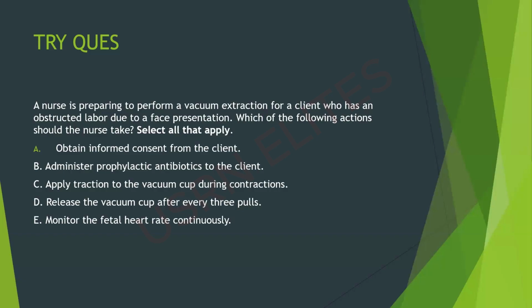If during those periods you are not also exerting vacuum traction, do you think you are worsening the case or speeding up delivery? Are you delaying or speeding up? I hope you understand.